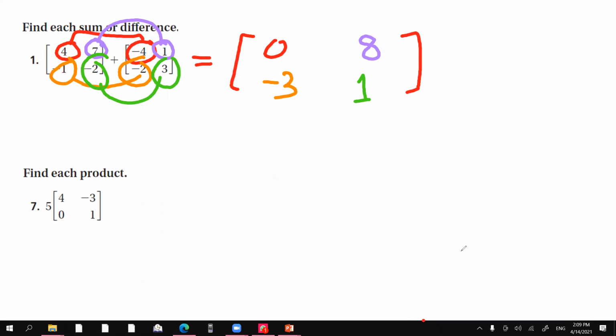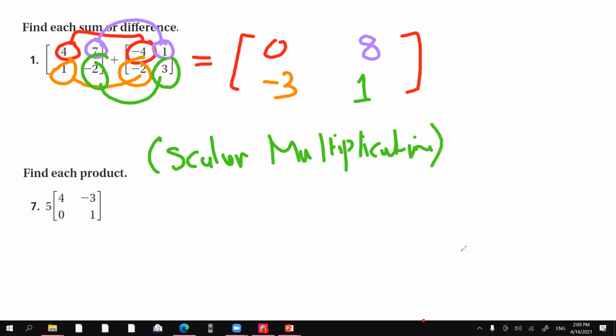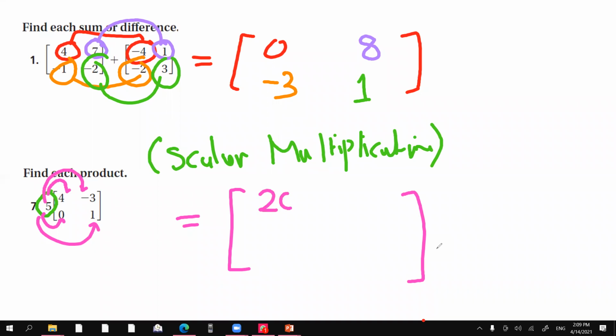Now, how to multiply them? This type of multiplication we call scalar multiplication. Scalar multiplication means I just multiply a number with the matrix. Like the distributive property, I will multiply the number 5 with each element in the matrix. So the final matrix will be 5 times 4, which is 20.